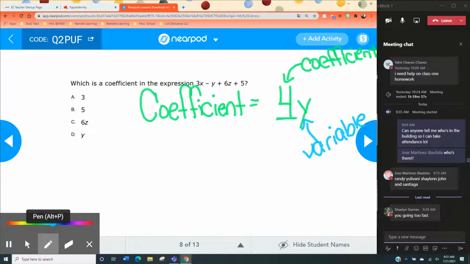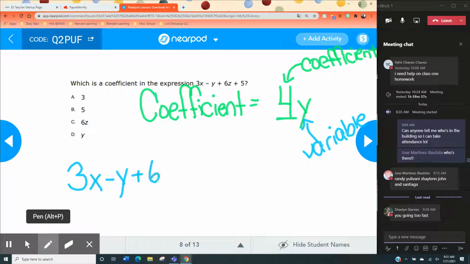So our expression, 3x minus y plus 6z plus 5. When the question asks us for our coefficient, it's just asking us for that number that's being multiplied by the variable.